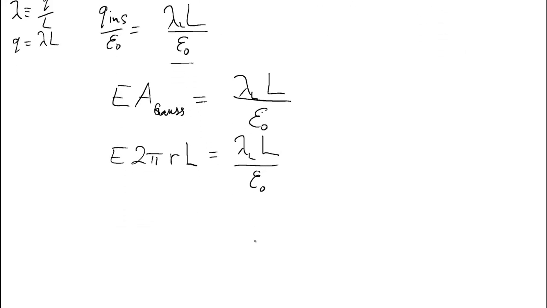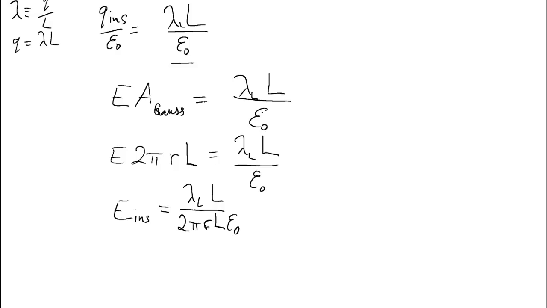Now to get the electric field inside, we basically just have to divide this part over. We have E, and now since we're close to the end, I'm just going to call this E inside, just so we can tell the electric fields apart later on. And we get lambda L times L divided by 2 pi, whatever radius we chose for the Gaussian, and then the length again, and epsilon 0.